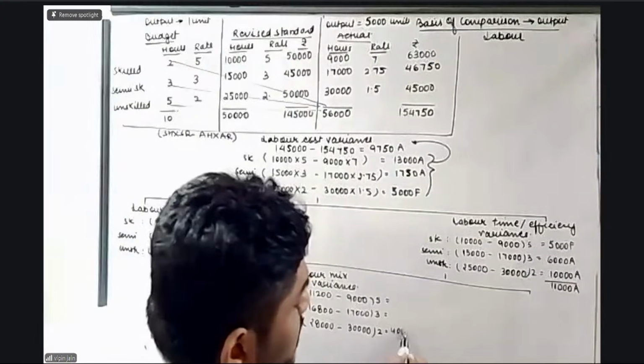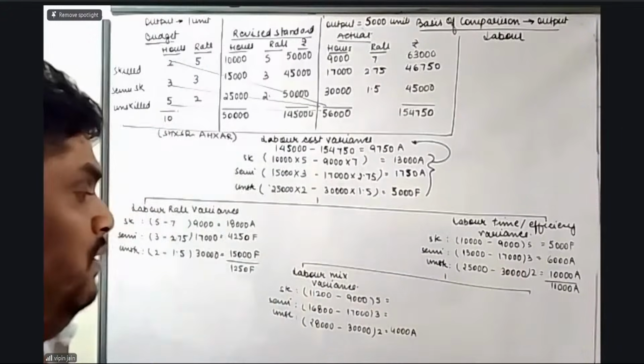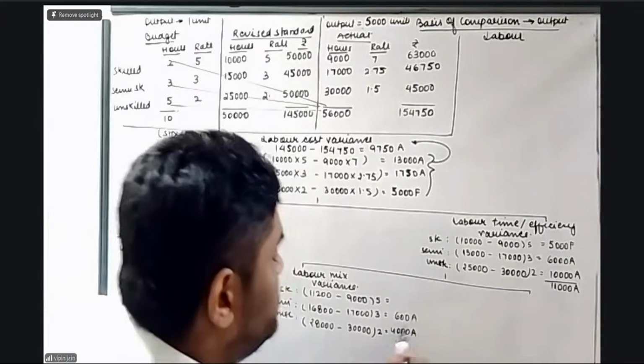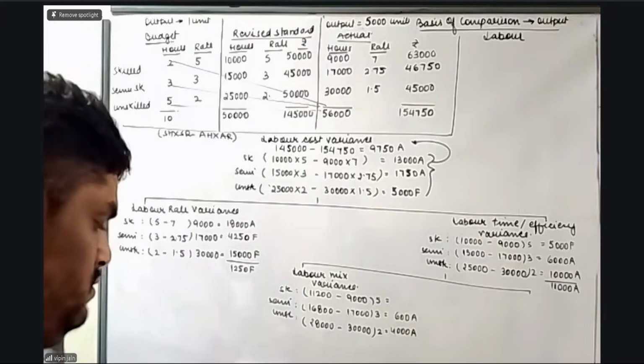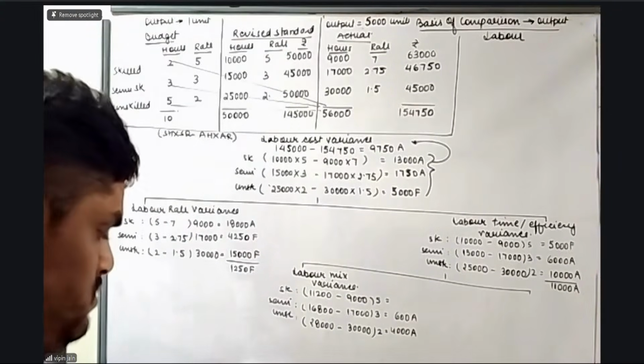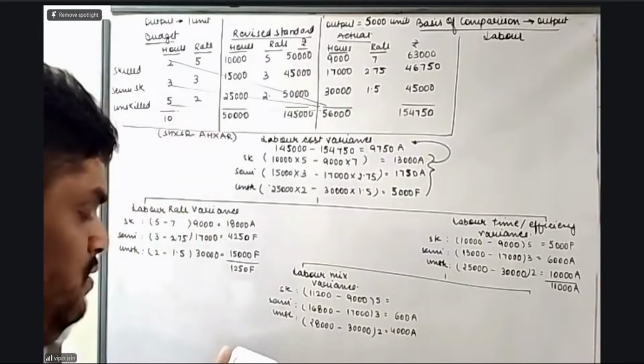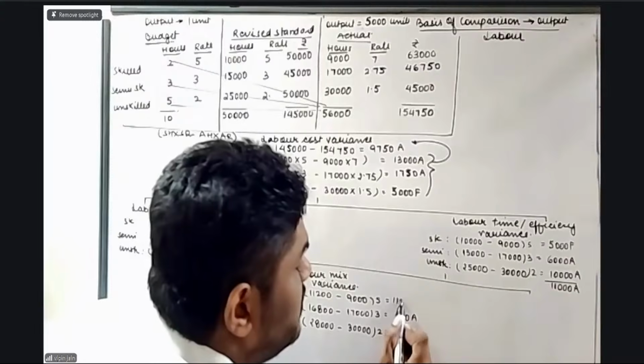So this will be 4,000 adverse. This will be 600 adverse. And this will be 11,000 favorable.